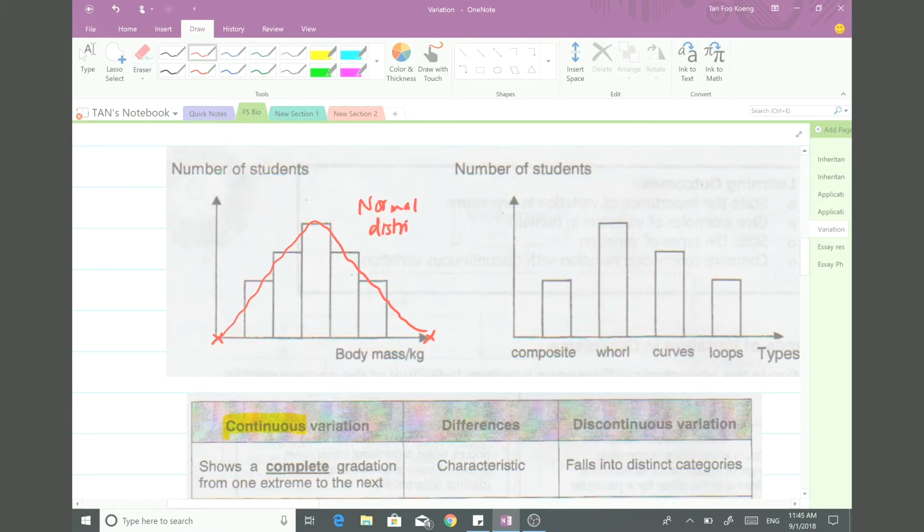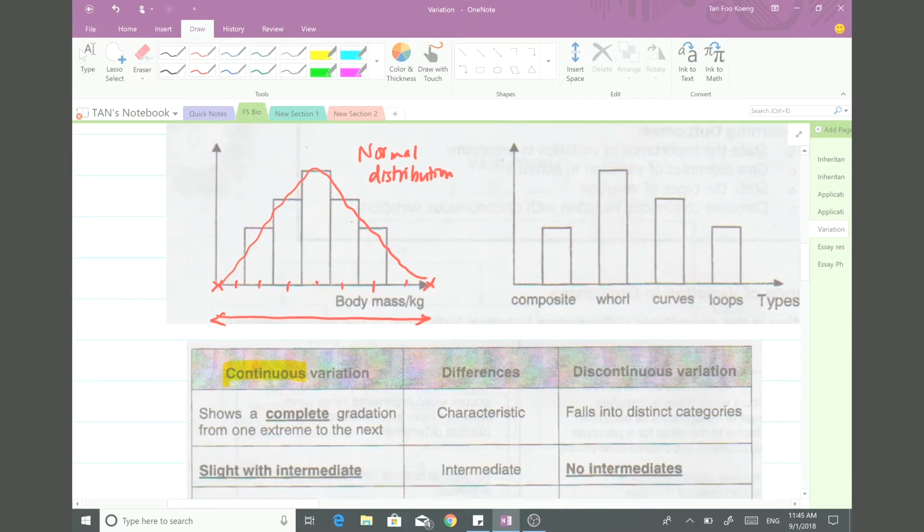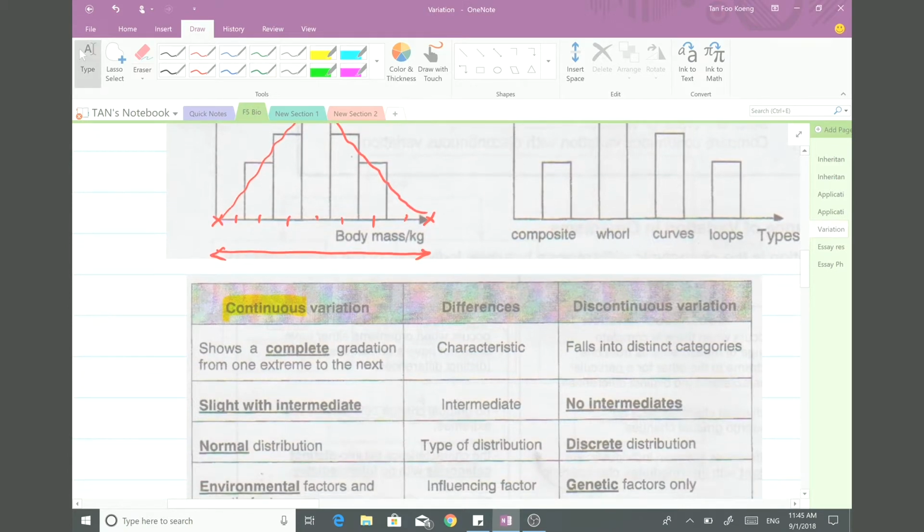So we have people that are very light, people that are very heavy, and we also have people with intermediate weight or body mass. So it shows a complete spectrum of body weight here, from one extreme to the other extreme. That's why we name this variation continuous.